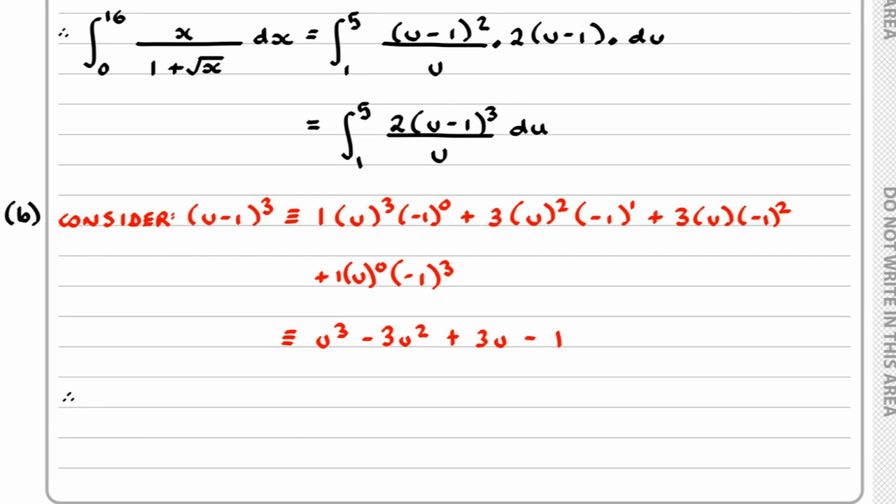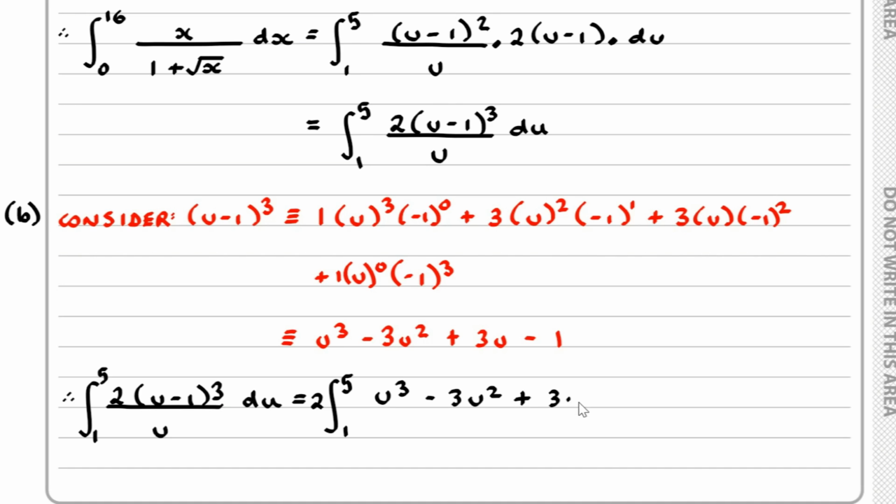And so therefore, the integral of 2 lots of u minus 1 all cubed over u du between 1 and 5 is equal to the integral from 1 to 5 of 2 lots of, well, we'll take the 2 outside instead, and then we've got u cubed minus 3u squared plus 3u minus 1 over u du.